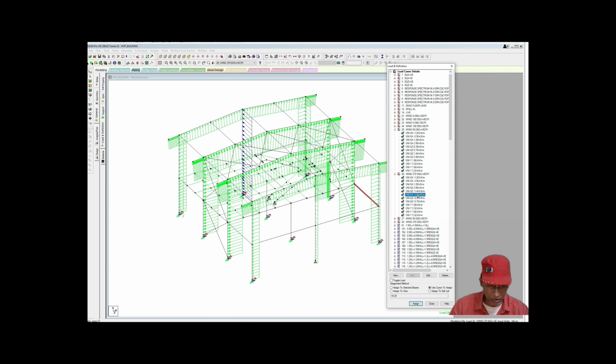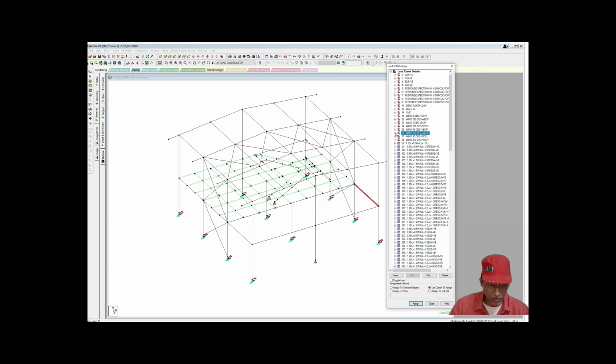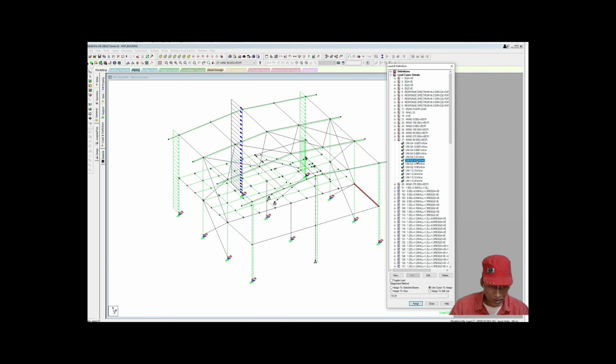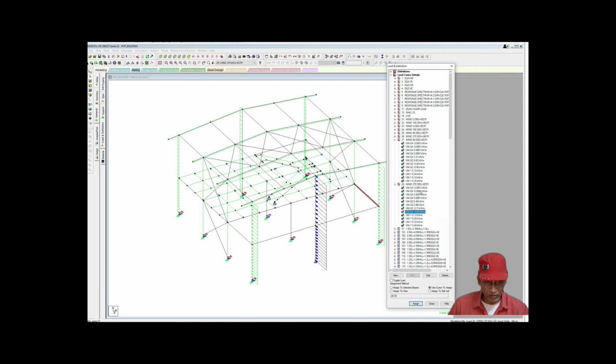They are opposite to each other in direction. Then coming to load 27 on wall C, 4.62, and load 28, what is on wall D? Minus 4.62. So they are opposite to each other. So our wind loads are okay.